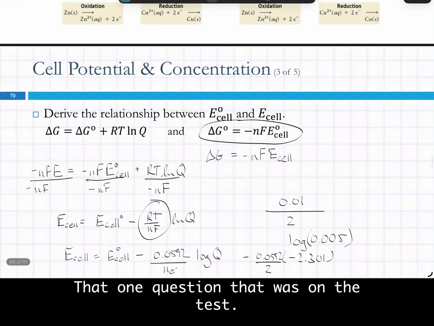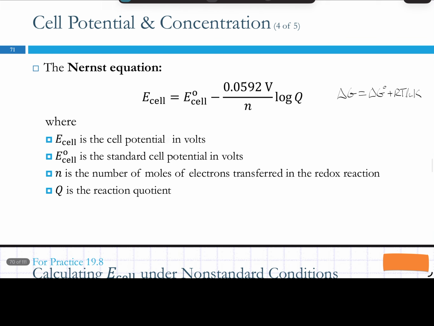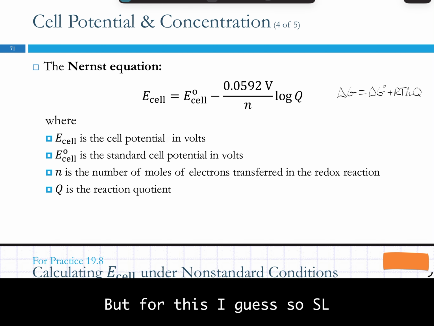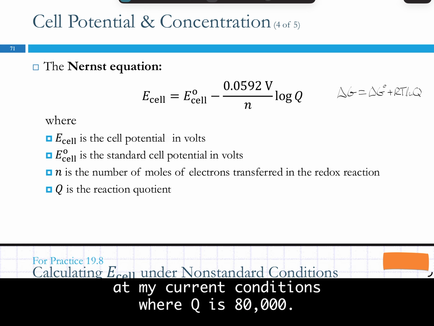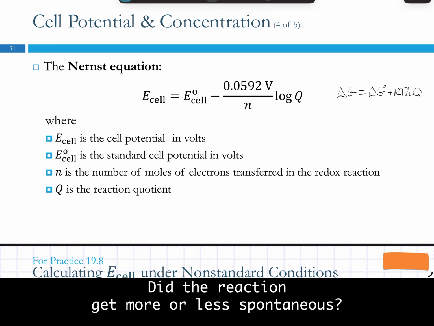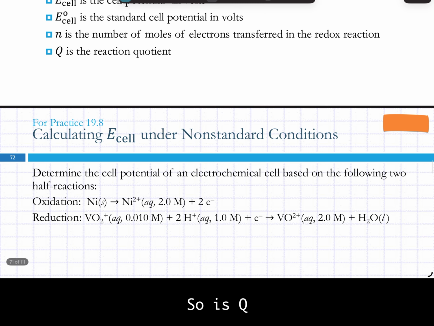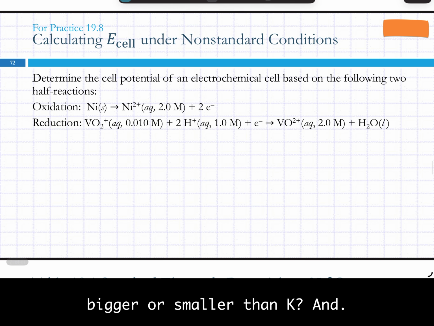That one question that was on the test, that was a weird one. I just picked one because it made the problem work. But for this, E cell we calculated was 1.23 volts. At my current conditions, where Q is 80,000, did the reaction get more or less spontaneous? Less spontaneous. Got less spontaneous. So is Q bigger or smaller than K?